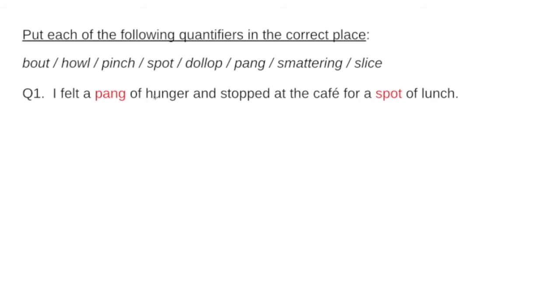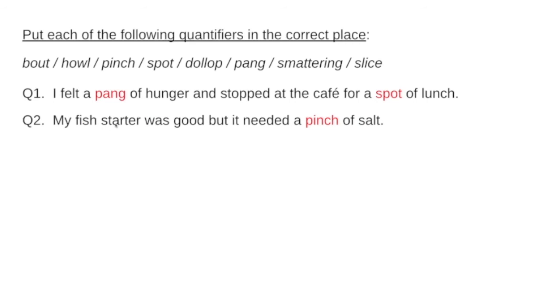Pang is also used with guilt, remorse, regret. So it can be an emotion as well as an ordinary physical feeling. So you feel hungry and you stop at the cafe for a small piece of lunch. So a spot of lunch suggests that lunch is light. It's not a very full meal.